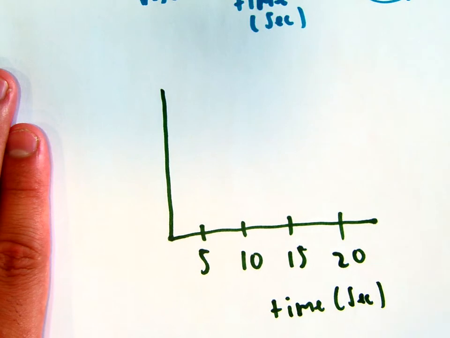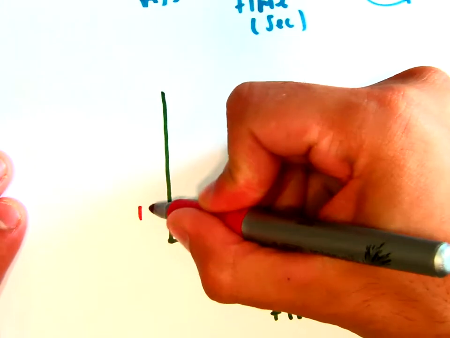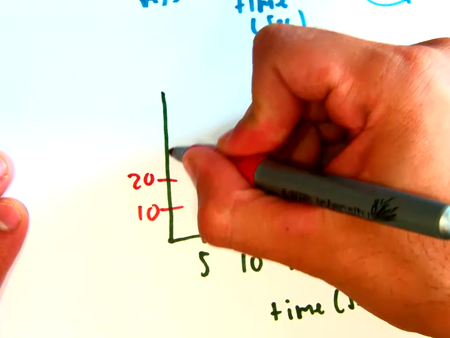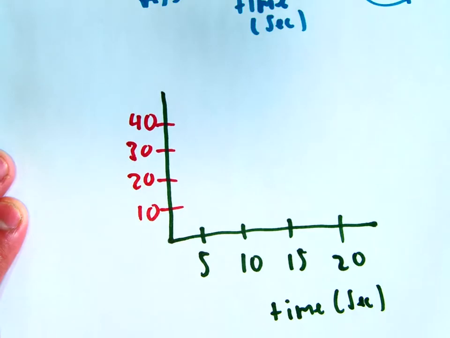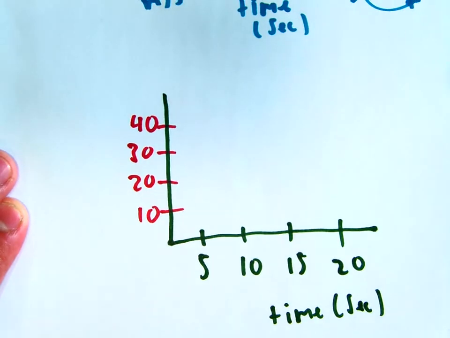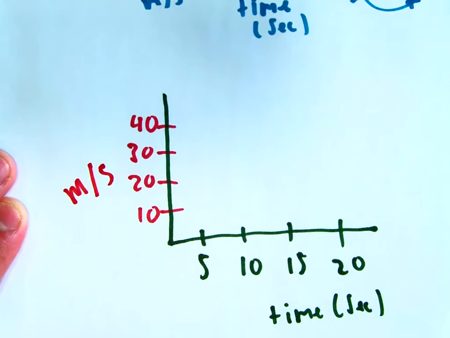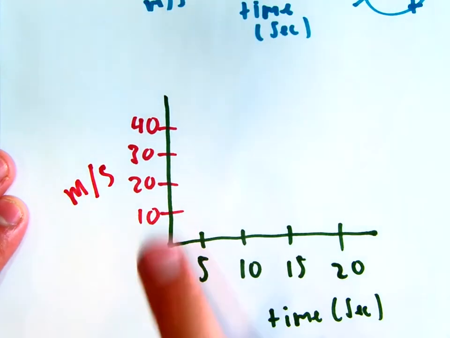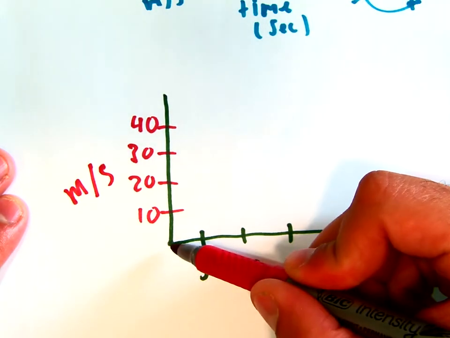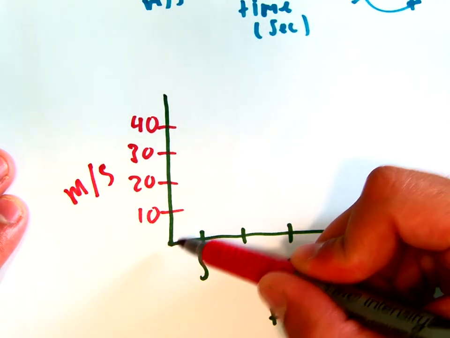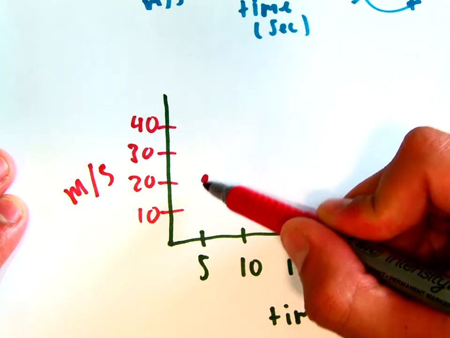Here up on the y-axis, I'm going to go by tens: 10, 20, 30, 40. This will be our speed, in meters per second. It's not position, it's speed. Okay. So let's say someone goes from 0 meters per second to 20 meters per second, all of that in 5 seconds. So it looks like that.